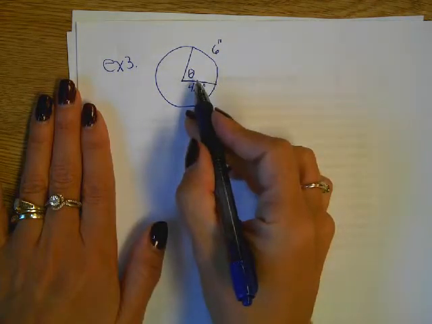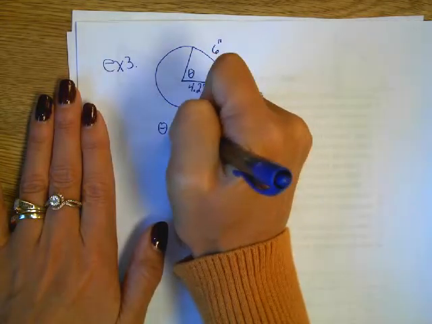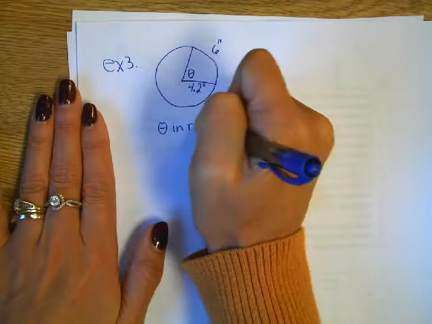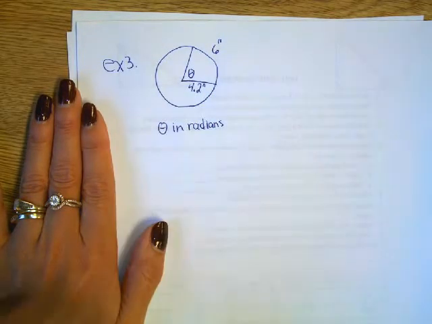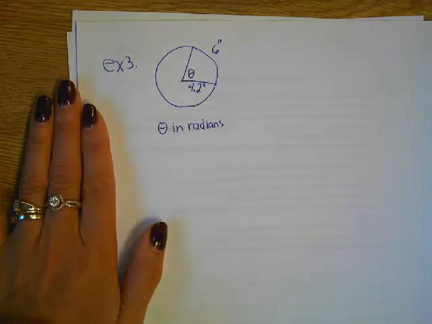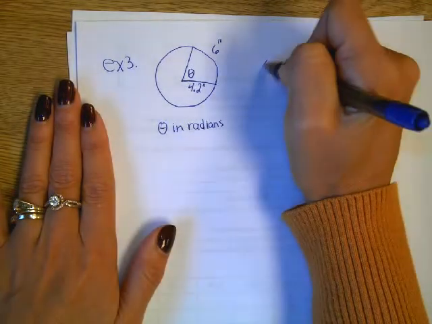And I want the angle measure in radians. So it's just a plug and chug problem. We just got to work backwards. This time I know the arc length. The final answer is 6, so that's what I start with.